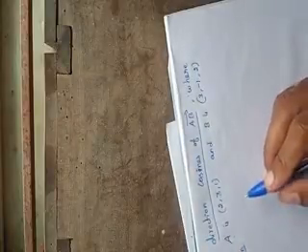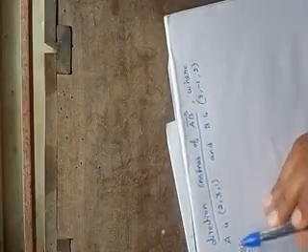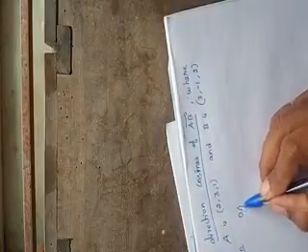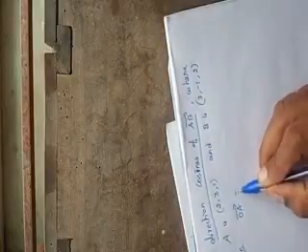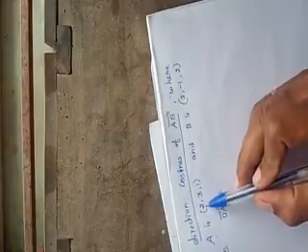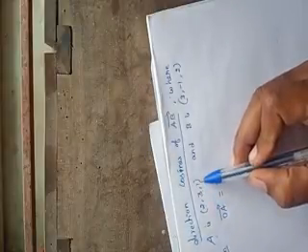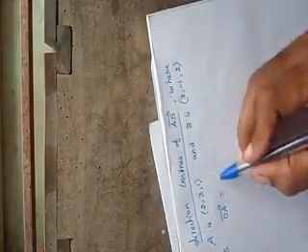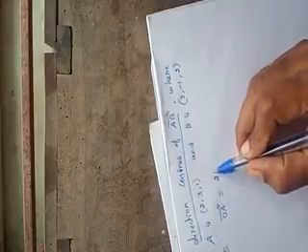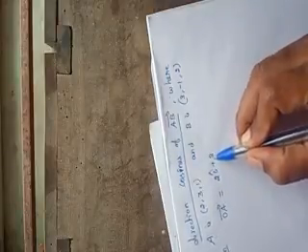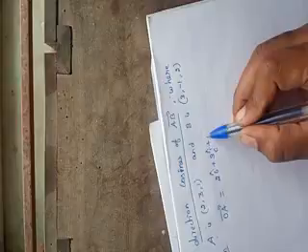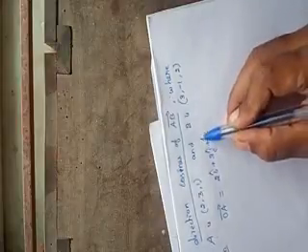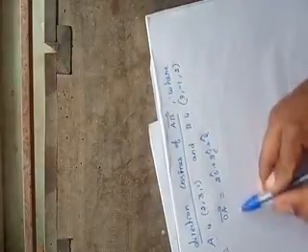So using this we are going to write OA vector. OA vector equal to, this is x, y, z, so we can write it as 2 into i cap plus 3 into j cap plus 1 into k cap. 1 into k cap is k cap. The same way we can write OB vector.